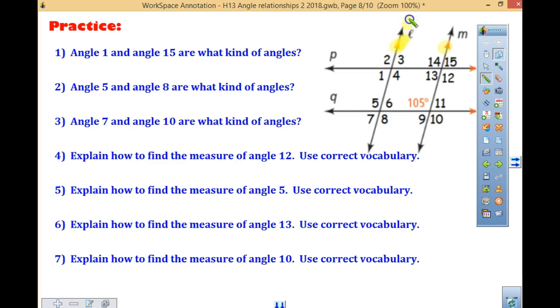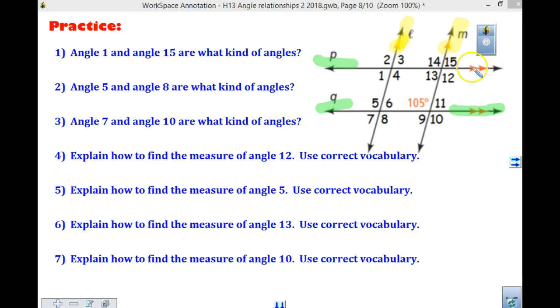Line L and line M are parallel. And I have another set of parallel lines, and that is line Q is also parallel to P. So those are key figures, and when you look at the lines, by putting these little triangles on them, that tells us that these two lines are parallel. Same thing here. So if they have something like these little arrows on them, that tells you the lines are parallel.